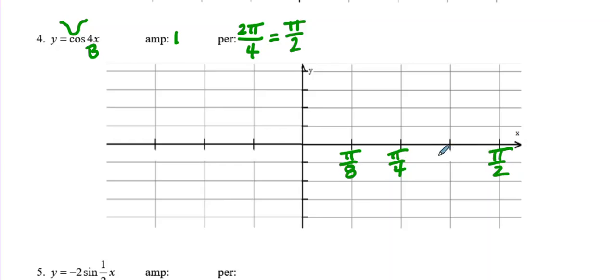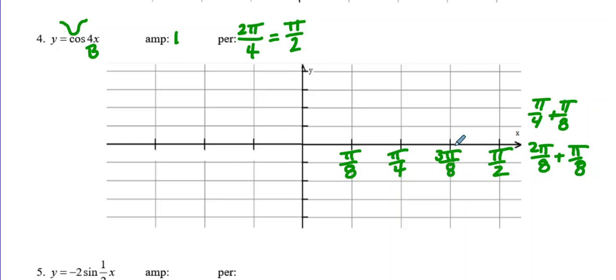So here I need to figure out what's going to go right here. Looks like I'm going up pi over 8 each time, so to find that one I would do pi over 4 plus pi over 8, with a common denominator would be 2 pi over 8 plus pi over 8, which is 3 pi over 8. So this is 3 pi over 8.